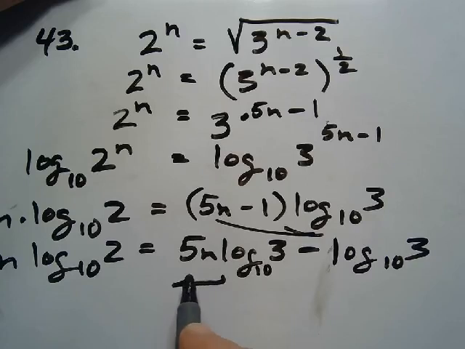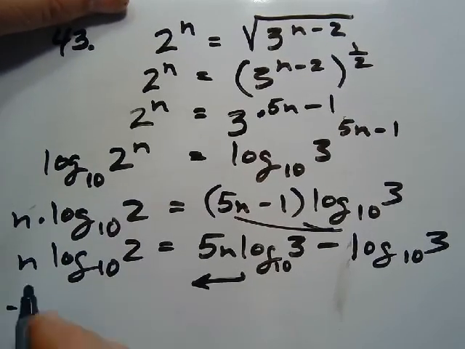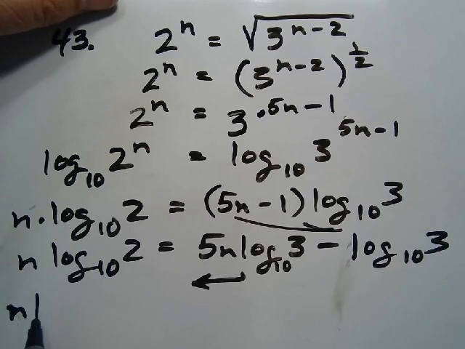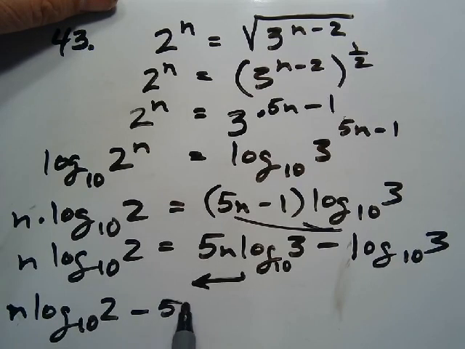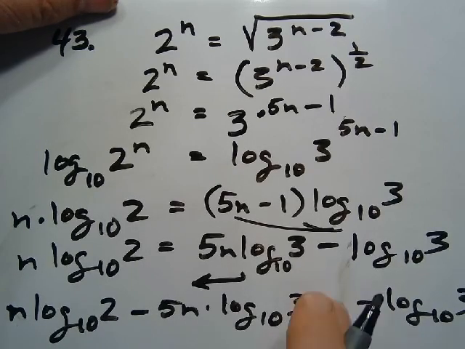All right, we need the n's to get together, so we're going to move this to the left. And when I do, it becomes the opposite sign. So we've got n log base 10 of 2 minus 5n times log base 10 of 3 equals negative log base 10 of 3.